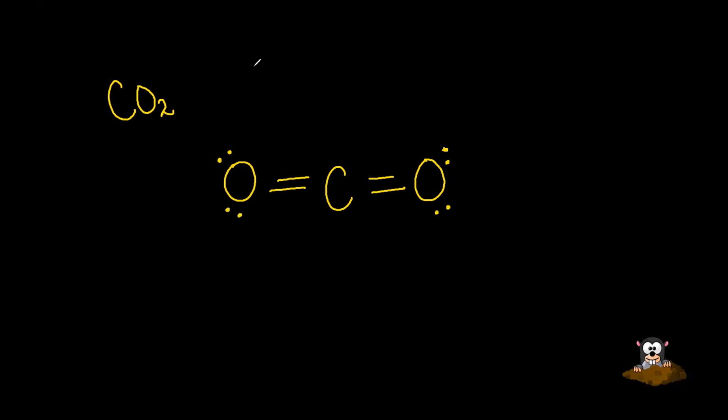Now let's go ahead and look at carbon dioxide. I'm going to go ahead and draw it out. Now let's go ahead and draw the dipoles. And again, we know that the dipoles are going to be pointing towards the most electronegative atoms.